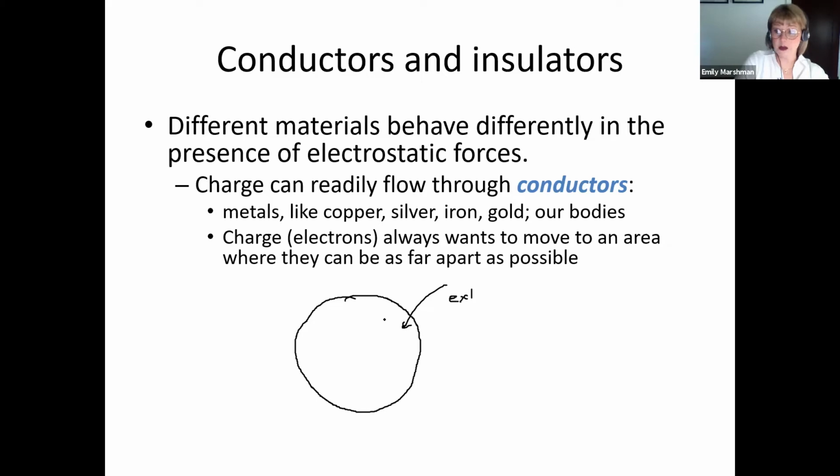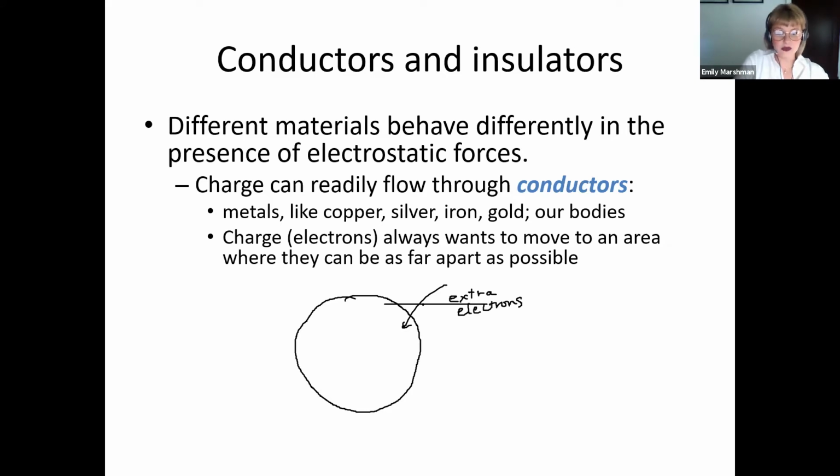I have the same number of electrons and protons, so it's electrically neutral. It has no overall net charge. If I put some extra electrons on there, they can flow throughout this conductor. A conductor allows the charge to flow easily.